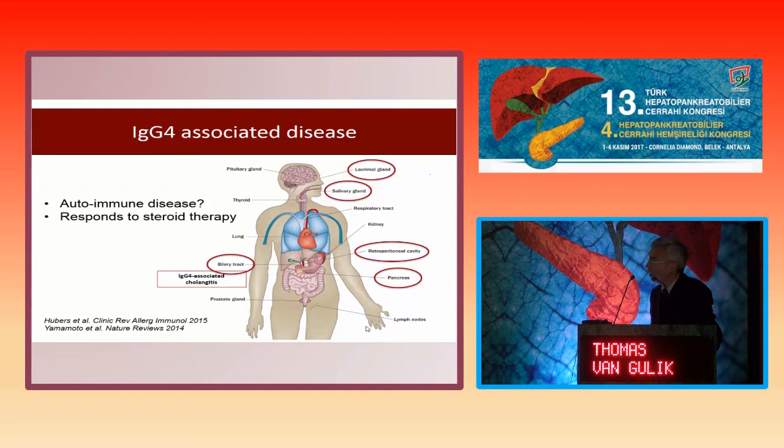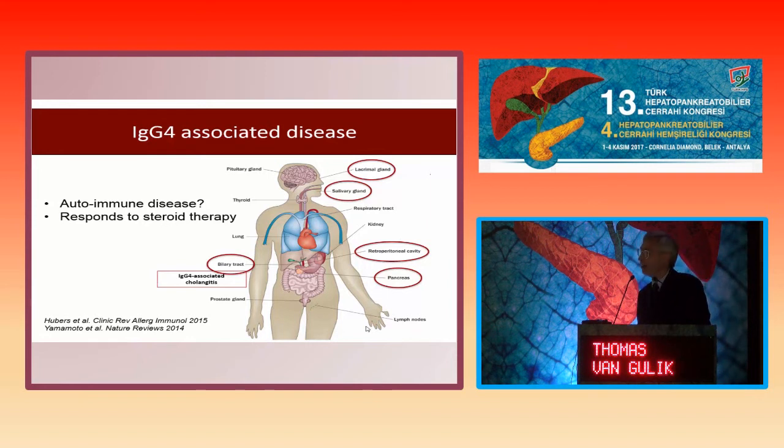So we should be aware that about one third of those patients with a benign lesion have this type of IgG4-associated cholangitis, and they respond very well to steroid therapy, and usually you have to keep them on steroid therapy, but that is the way you treat them.